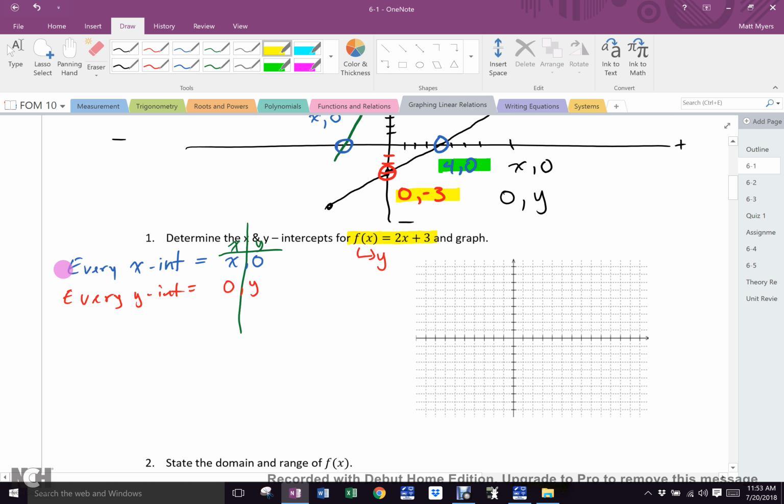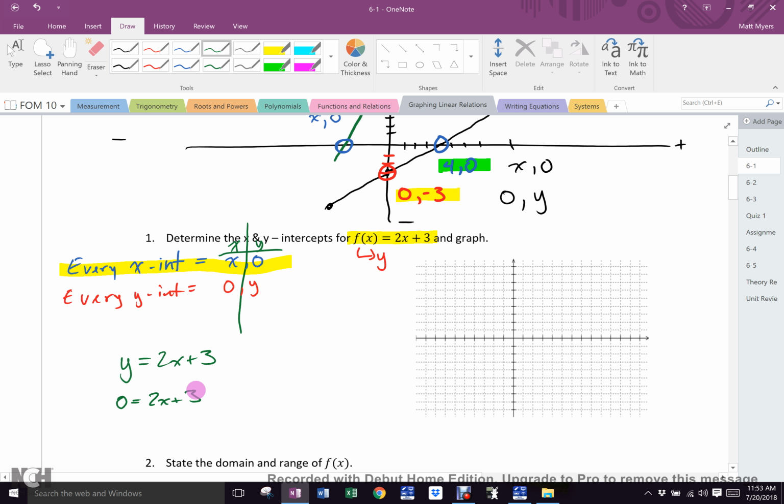I am going to do that one first. X equals x. So, y equals 2x plus 3. X is x. What's y? 0. So what do I put in here? What goes in here? 0 equals 2x plus 3.